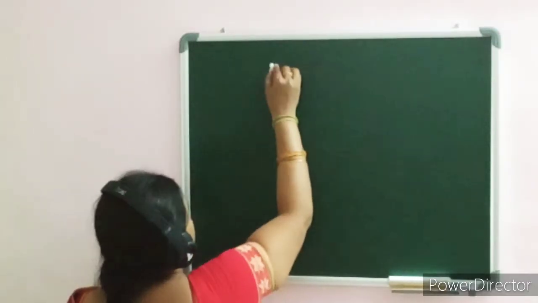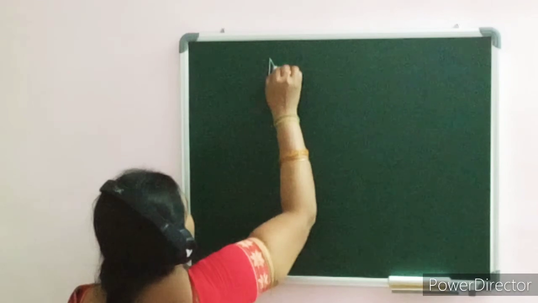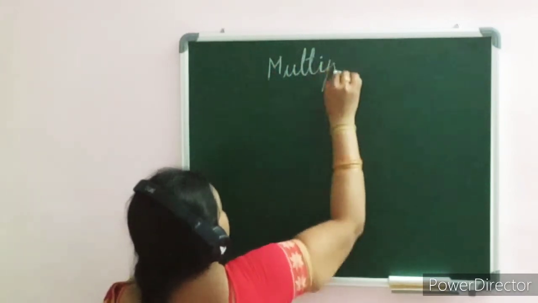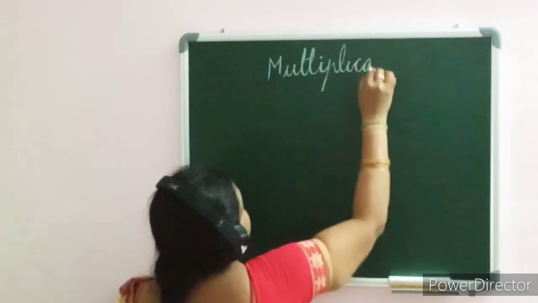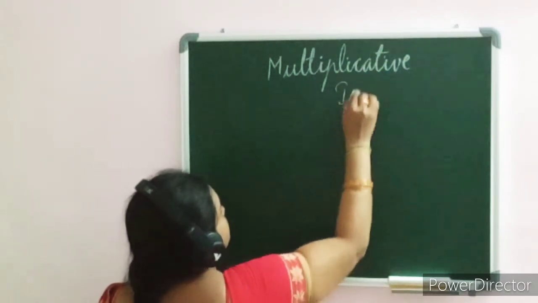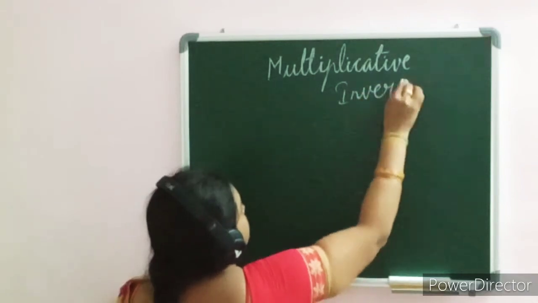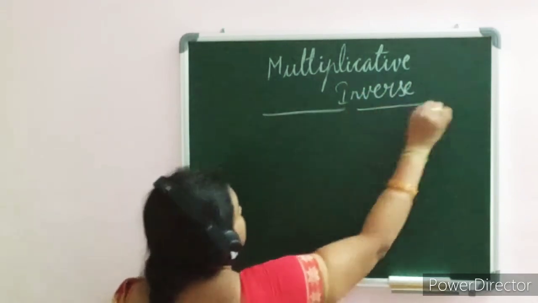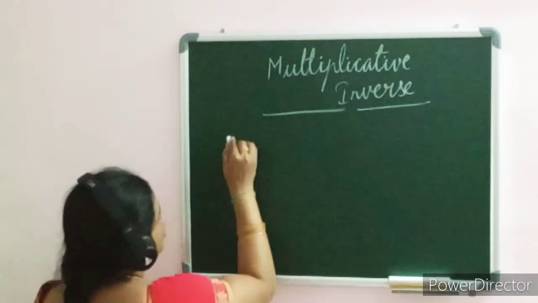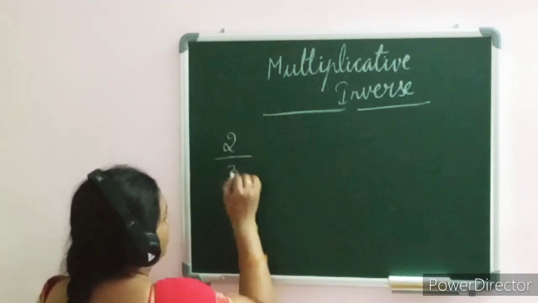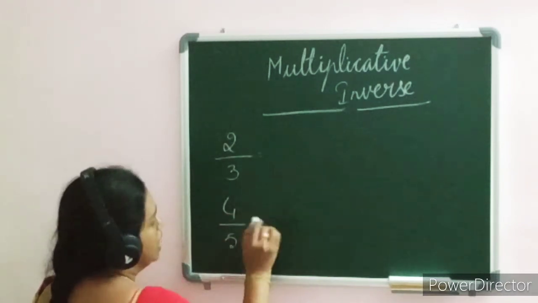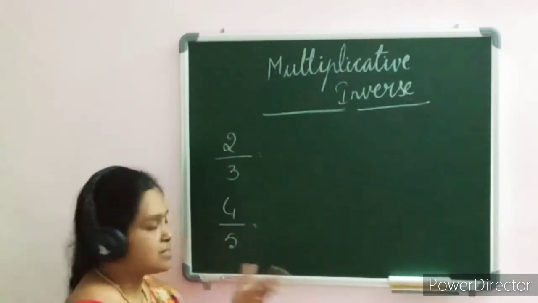Now we are going to learn about multiplicative inverse. What is multiplicative inverse? Multiplicative inverse means, if any fraction is given like 2 by 3 or 4 by 5, any fraction, inverse means just reverse.